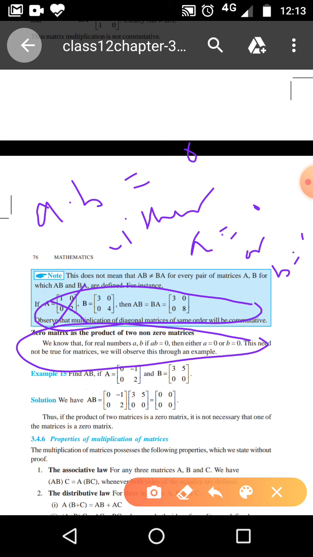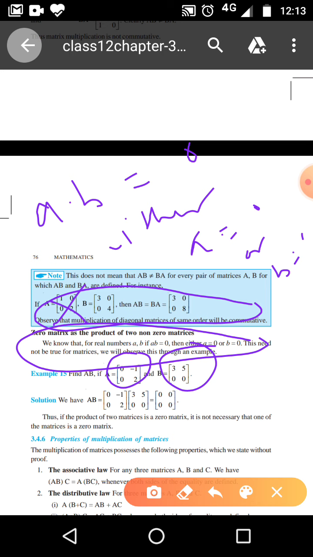That means if A dot B is equal to 0, then one of them must be 0. But in the matrix case, both are non-zero but the resulting AB is 0. See, in real numbers it is not possible, but in matrices it is possible. A is a non-zero matrix, see here, B is a non-zero matrix, but when you find AB, it is 0.